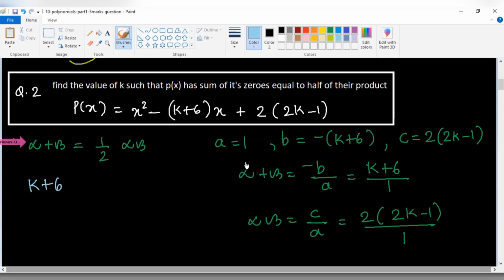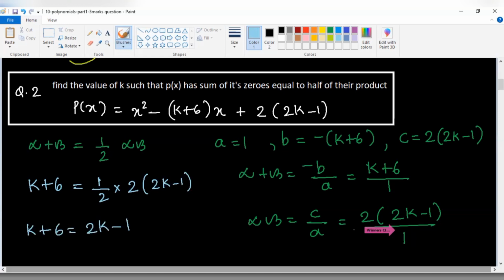And alpha beta is 2 times this. So alpha plus beta is equal to half of alpha beta, 1 by 2 into 2 times 2K minus 1. So K plus 6 equals 2K minus 1.